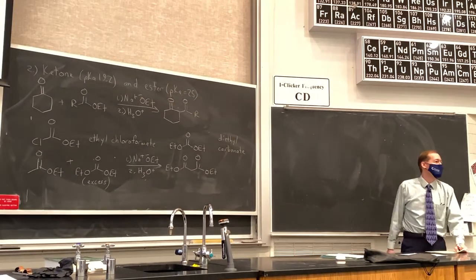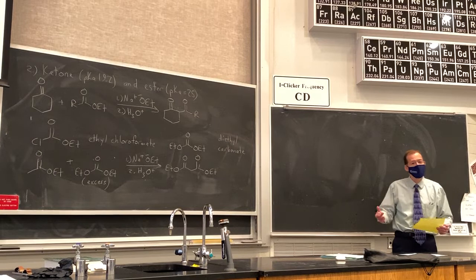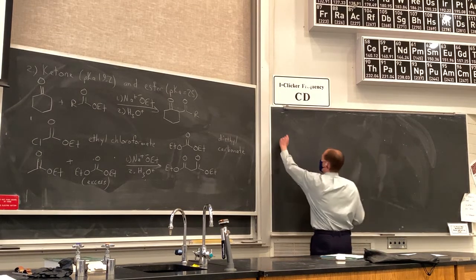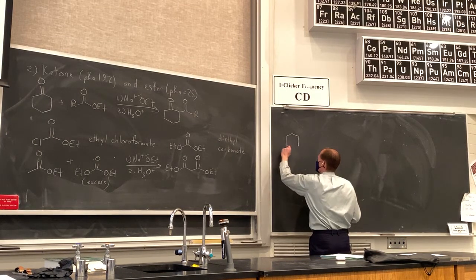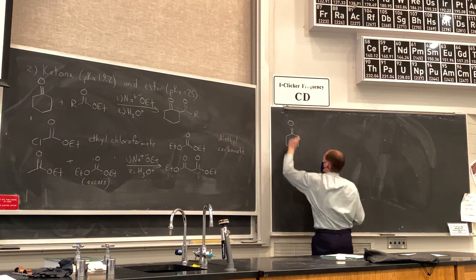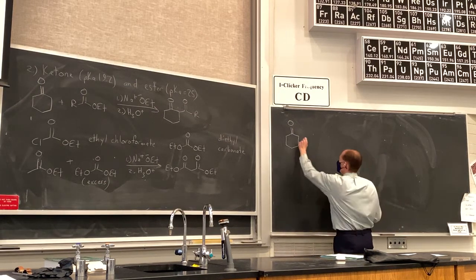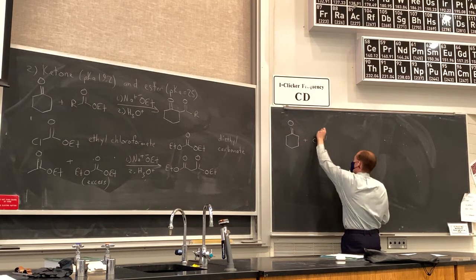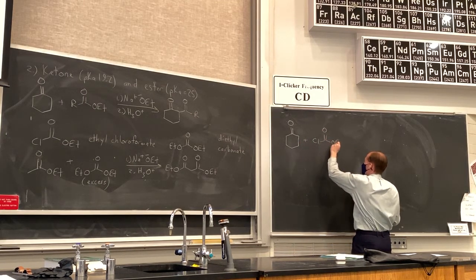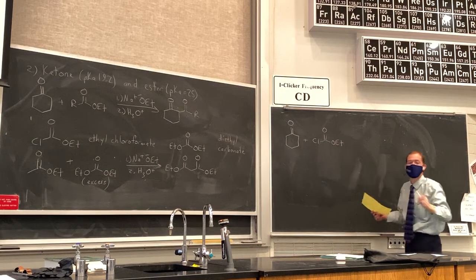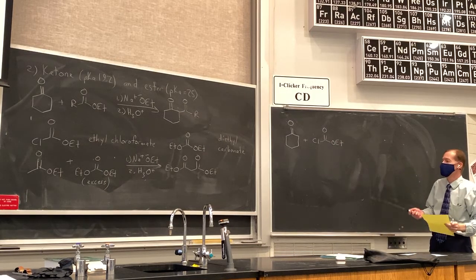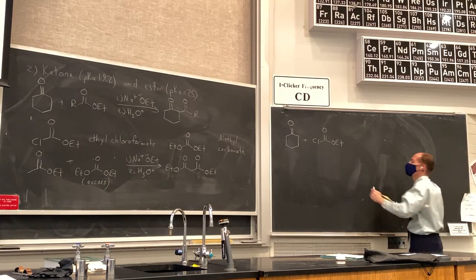Okay. So we can also do this with ketones. We'll draw that over here. So we'll just use cyclohexanone as our example. This time we're going to use ethyl chloroformate because we'll show you the difference. There's one difference between using ethyl chloroformate versus diethyl carbonate.